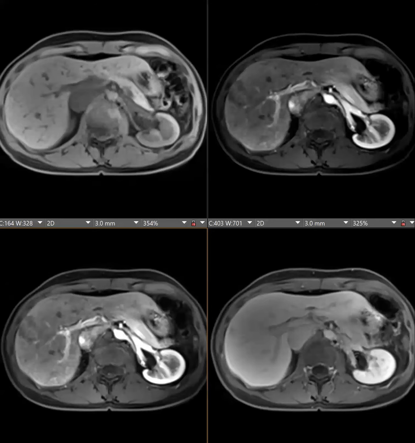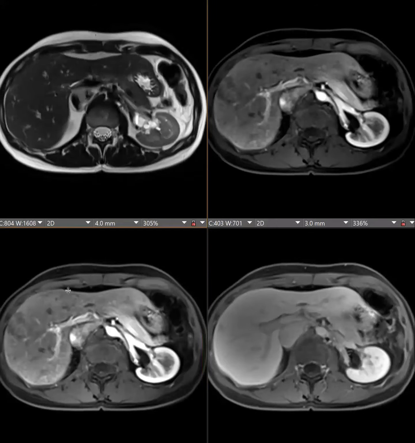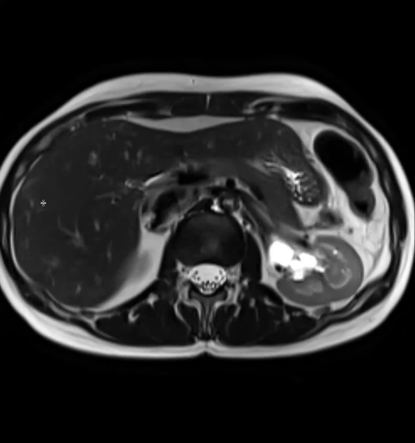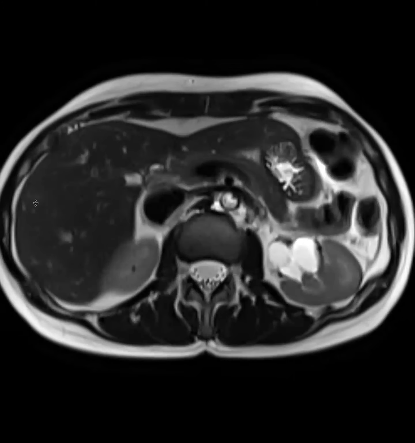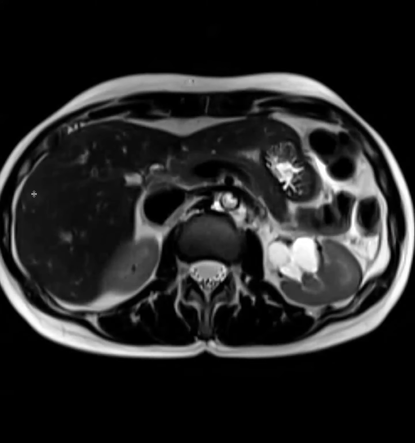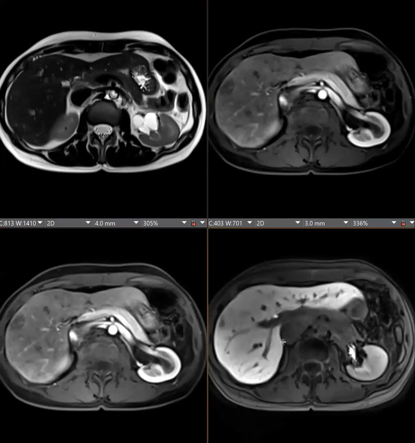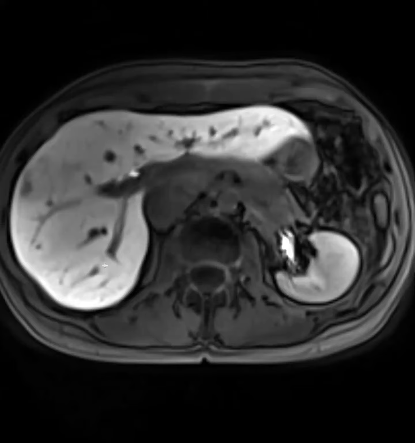Show me the T2 again. Here's your T2. T2 is kind of intermediate to high, ISO, maybe a little bit intermediate. And then EVIST is here and it's here.